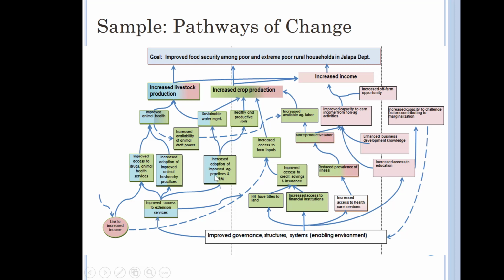When a box has 2 colors, it means that it is contributing to this pathway of change, but it is also contributing to that pathway of change. So these are solutions that are contributing to more than one pathway of change. You could find some color keys to emphasize that certain solutions are contributing to different pathways of change. You can have different colors for the different pathways of change.